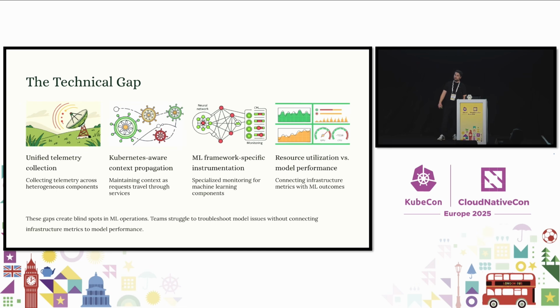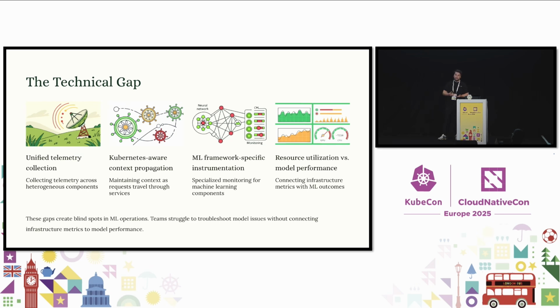For example, unified telemetry collection: collecting telemetry across heterogeneous components is really hard. And there's an issue with Kubernetes-aware context propagation: maintaining context as requests travel through multiple services.